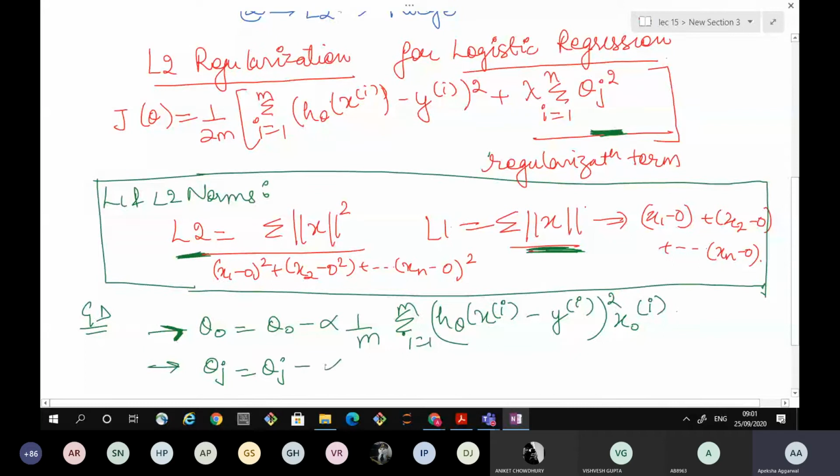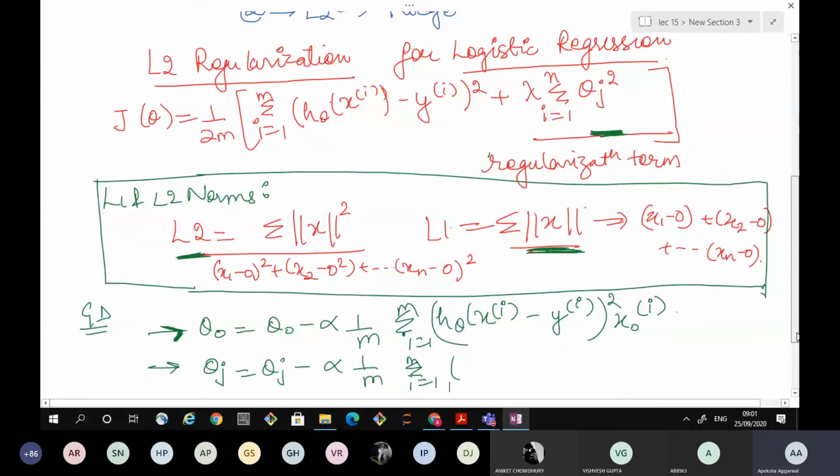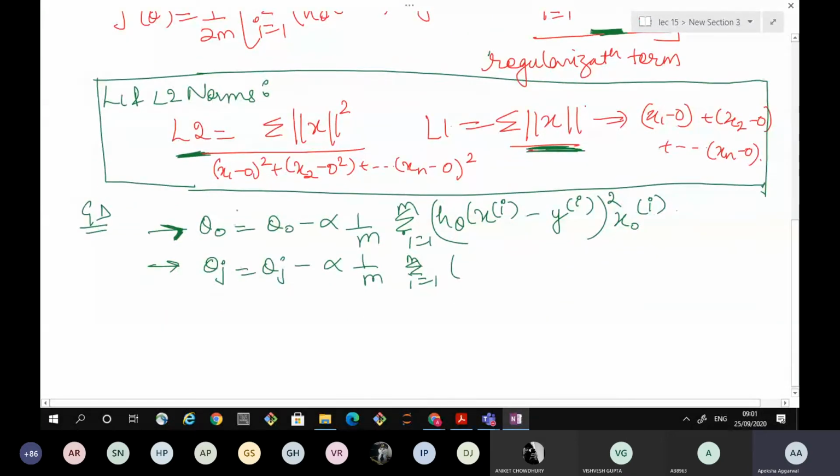and for theta j, for the rest of all the parameters, we do again the same sigma i equals 1 to m of h theta of xi minus yi, then xj i for the ith training example, plus lambda by m theta j.